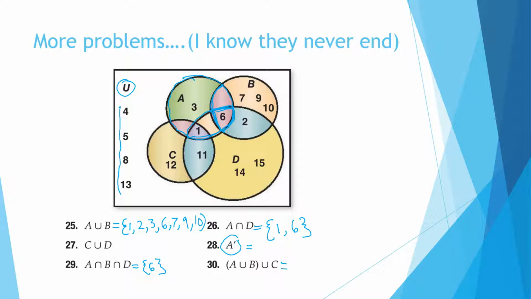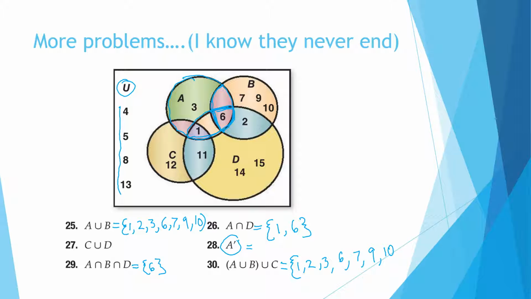And then what about these unions? A union B union C. Okay, so I'm going to start by listing A union B. So A union B is 1, 2, 3, 6, 7, 9, 10.